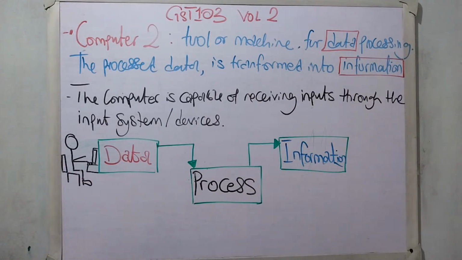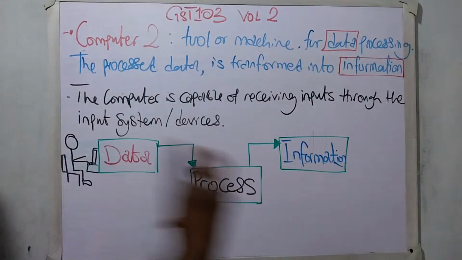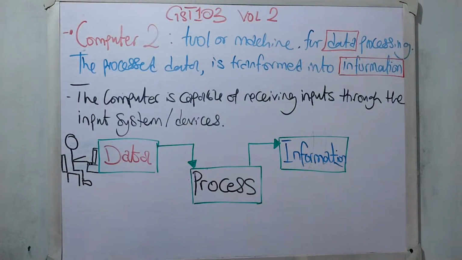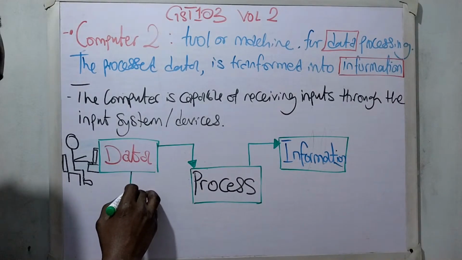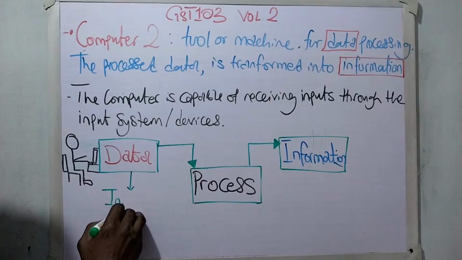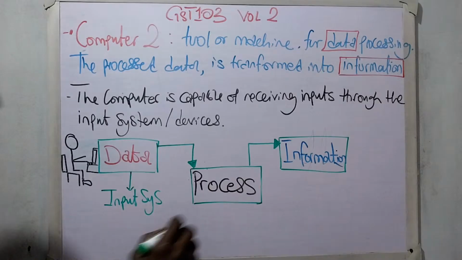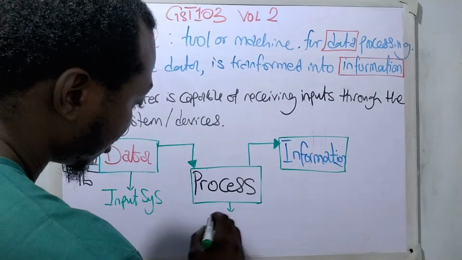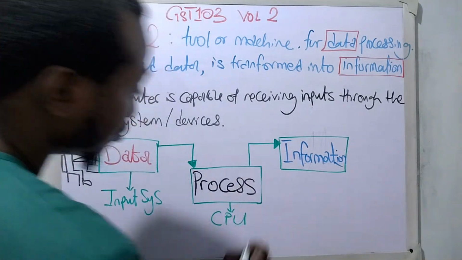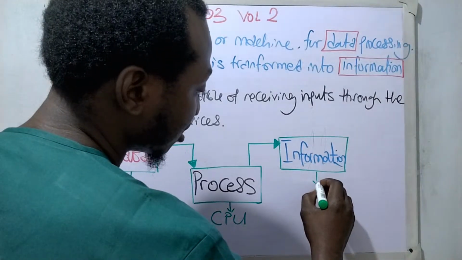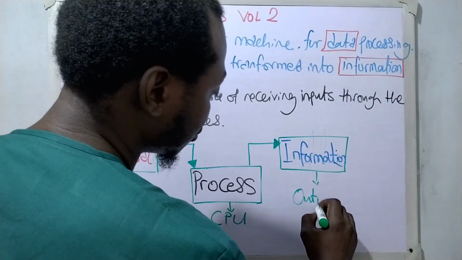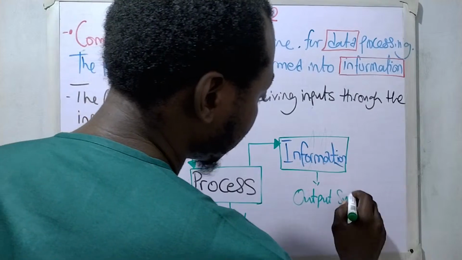We're going to get there. So from here, we can say this is the input system, here we have the central processing unit, and here we have the output system.